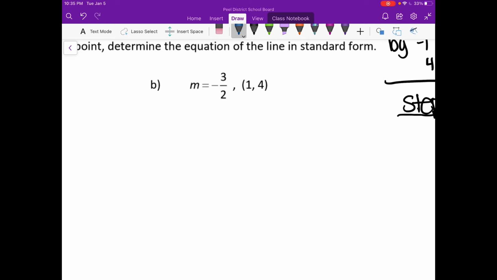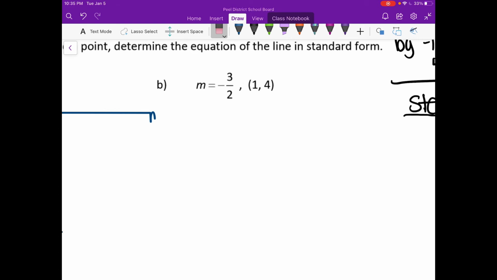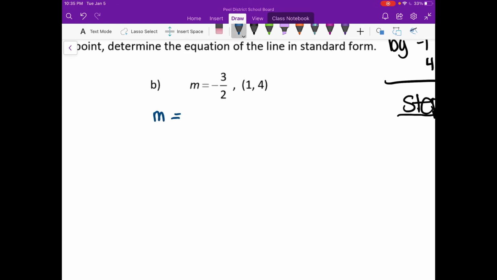So I'm going to just go put this in. So it says, I know m is equal to negative 3 over 2. I know this is x and y, so I'm just going to plug in, and I'm looking for what's b. So y equals mx plus b.